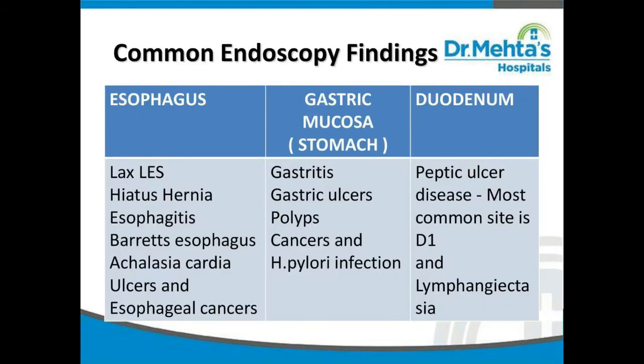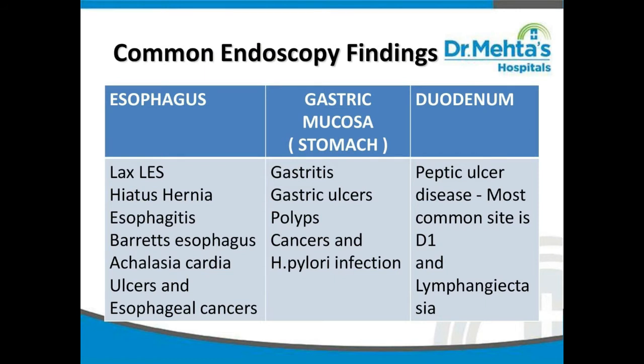The common endoscopic findings in the esophagus are a lax lower esophageal sphincter, hiatus hernia, esophagitis, Barrett's esophagus, achalasia cardia, ulcers or esophageal cancers.